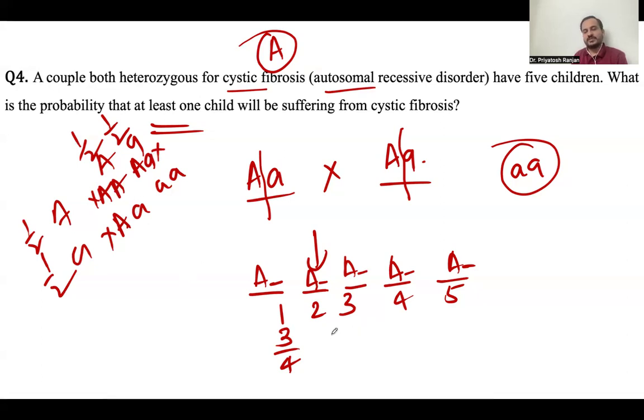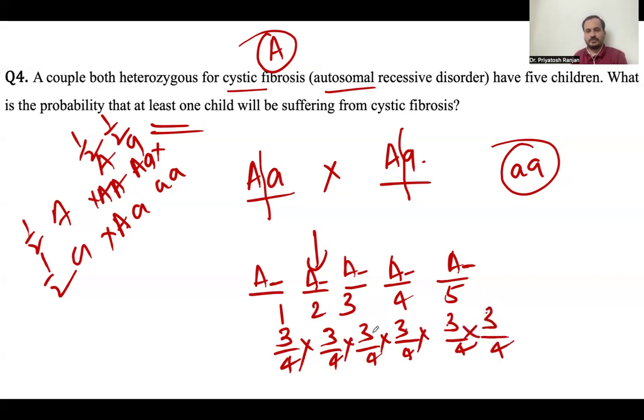For each child it is going to be 3/4, which is the law of multiplication. Remember, for 1, 2, 3, 4, 5 children, you can write it as 3/4 to the power of 5, which is 243 over 1024.